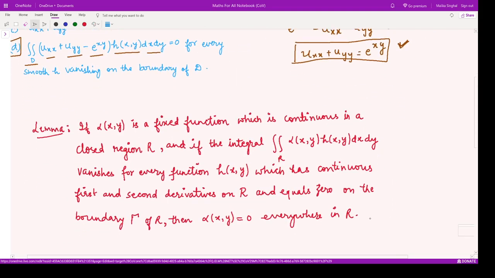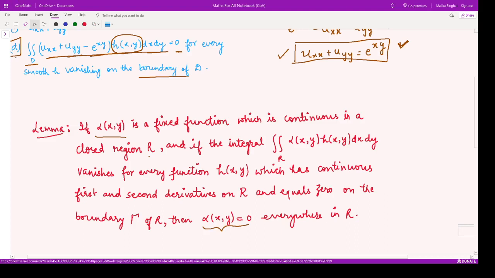The lemma says that if you have some function alpha(x, y), which is a fixed function and which is continuous in the closed region R, and if the integral vanishes for every function h, so in our question this integral vanishes for every h which has continuous first and second derivatives on R and equals 0 on the boundary, then alpha is 0 everywhere, right.